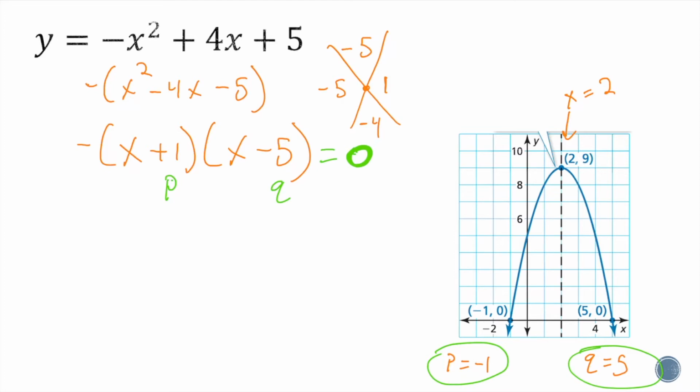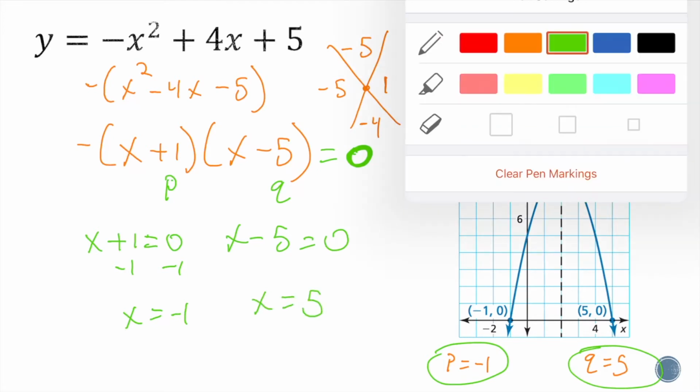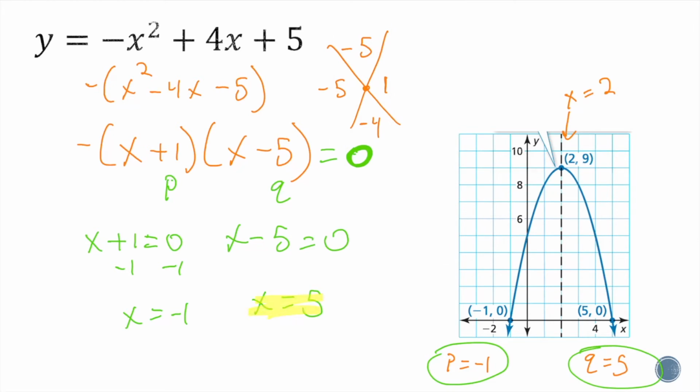And so using the zero product property, I'm going to set each factor equal to 0, like this, and then solve: x is equal to -1, and x is equal to 5. And now hopefully you notice that these are now the same.